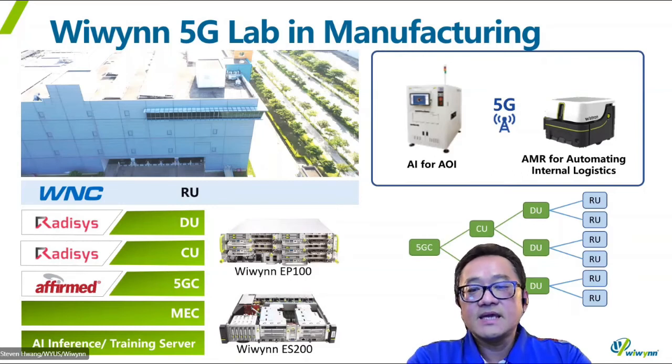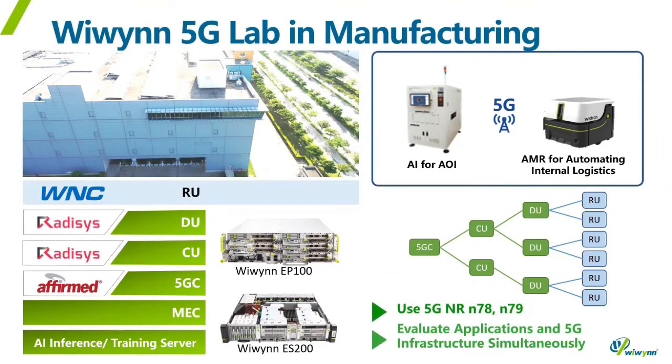The MEC, AI training, and inference are running in our ES200 edge server. In our Tainan smart factory, we're using the 5G NR with N78 and N79. Our trial case basically runs manufacturing applications in the 5G environment.